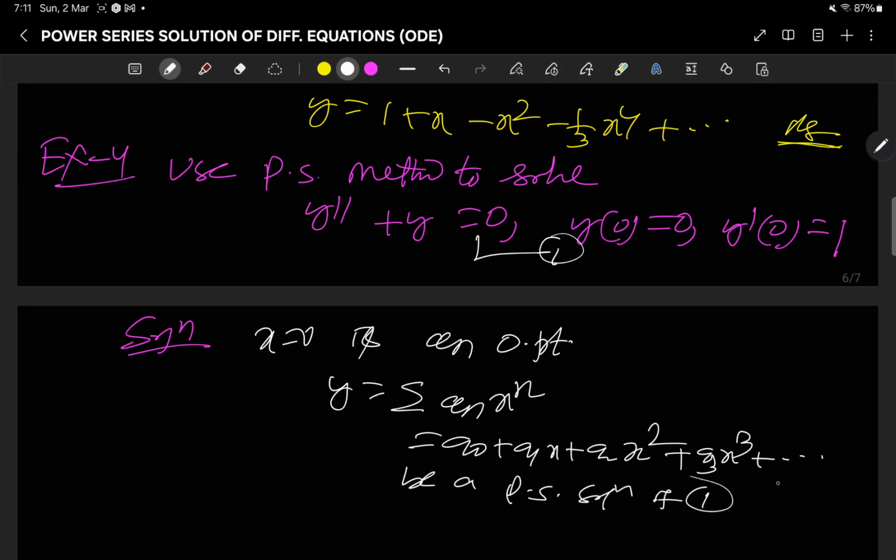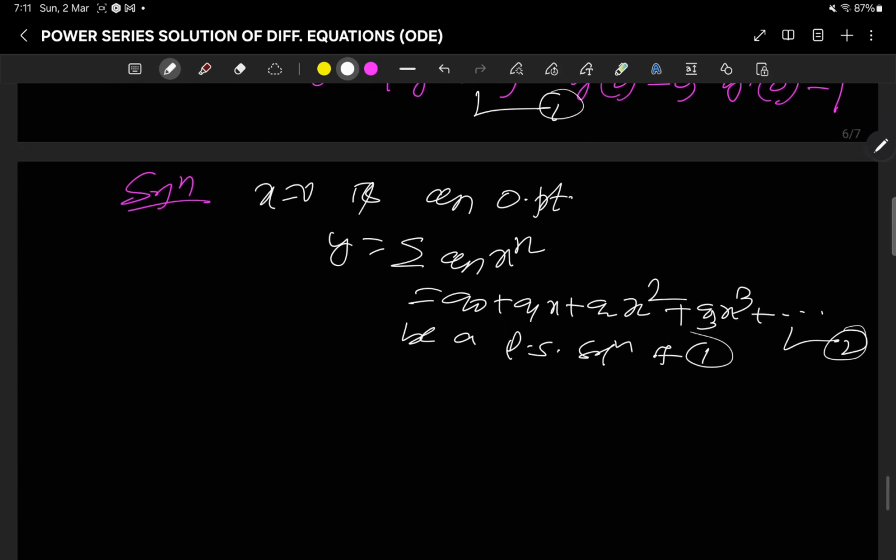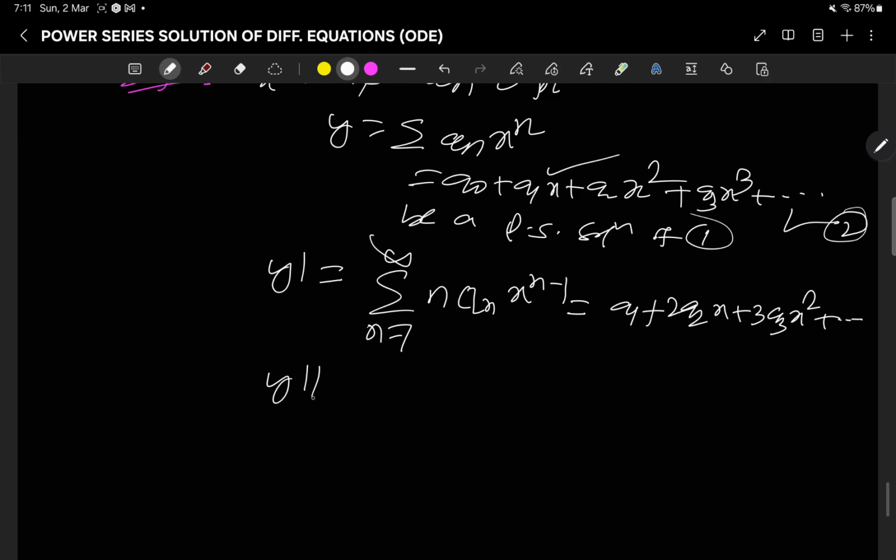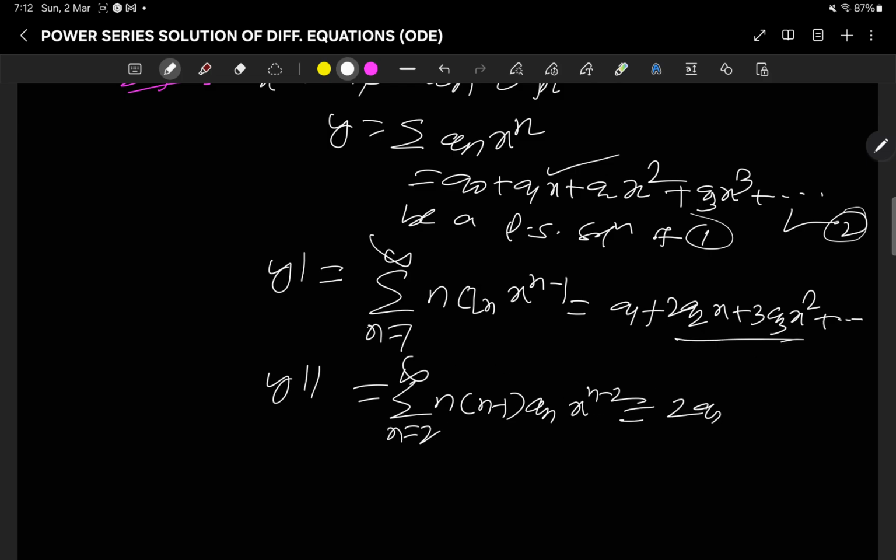Let this be my equation 1 and this is my equation 2, and accordingly I find y dash is summation an x to the power n minus 1, n is equal to 1 to infinity. If I open it, a1 plus 2a2x plus 3a3x square plus dot dot dot, and accordingly I find y double dash, summation of n into n minus 1 an x to the power n minus 2, n is equal to 2 to infinity, or if I open it, it is 2a2 plus 6a3x plus dot dot dot.